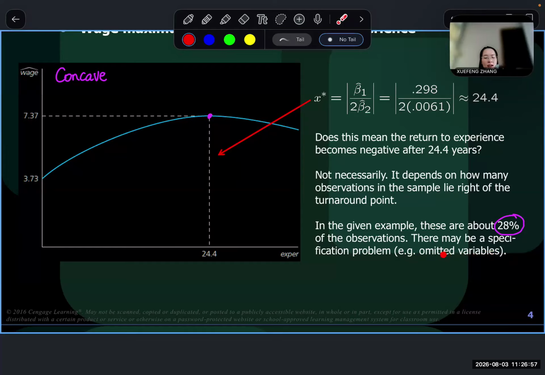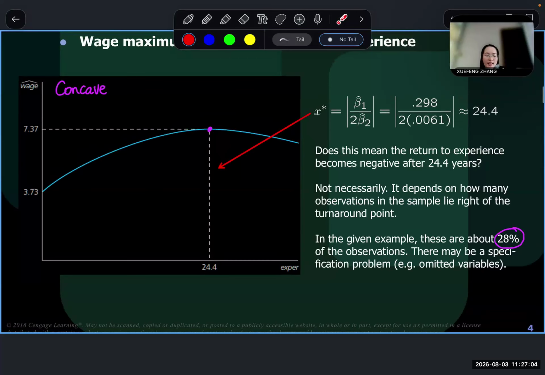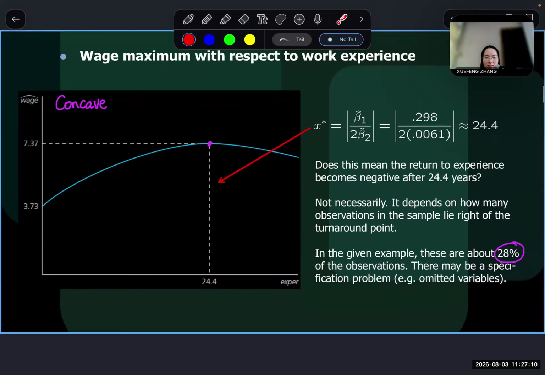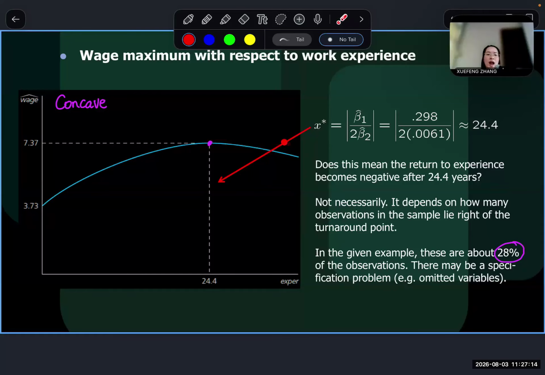Something else is driving the drop, not experience itself. Let me repeat again. If you use quadratic functional form, don't blindly trust a quadratic curve outside the range where you have lots of data. The turnaround might be real economics, or it might just be the parabola shape forcing itself to bend.